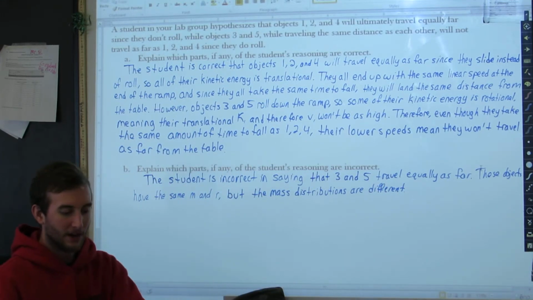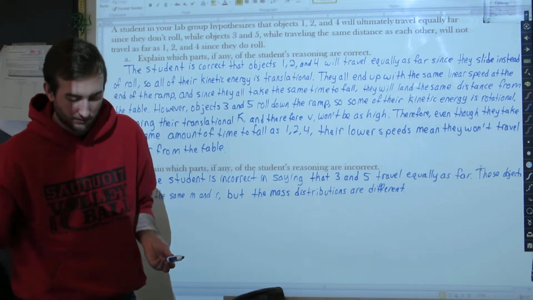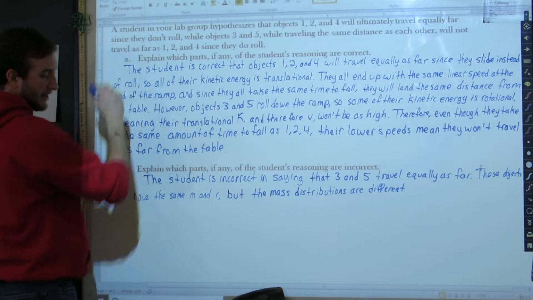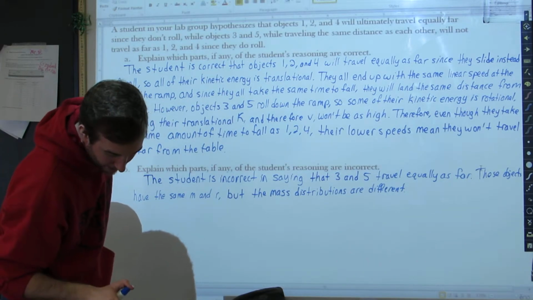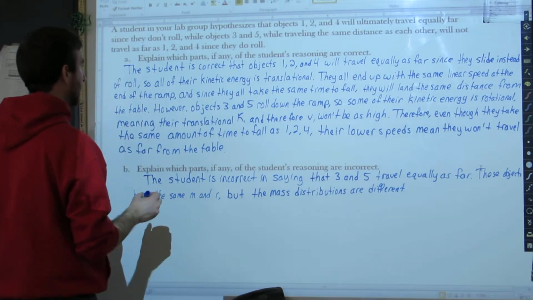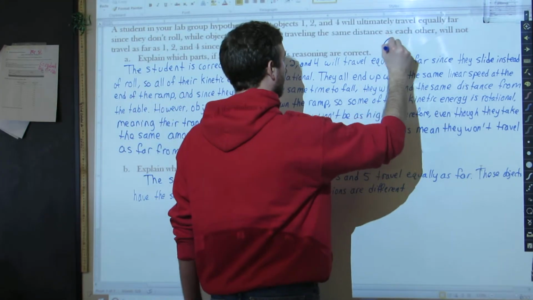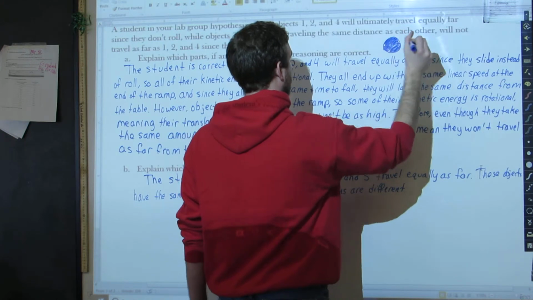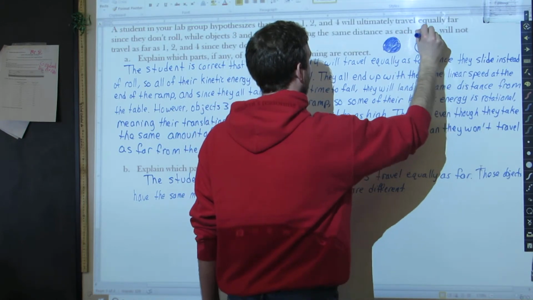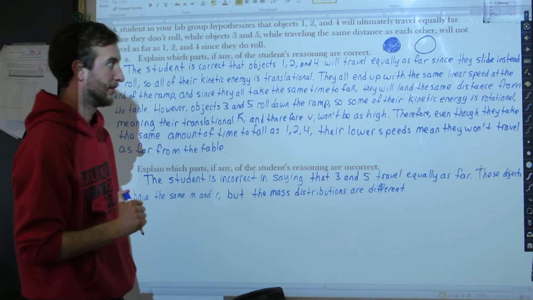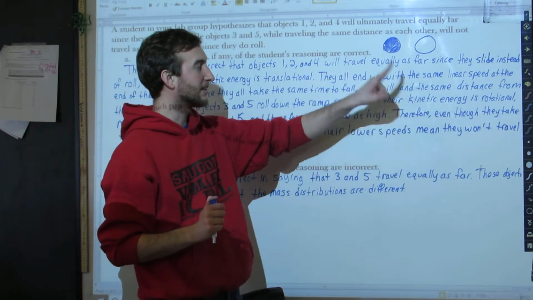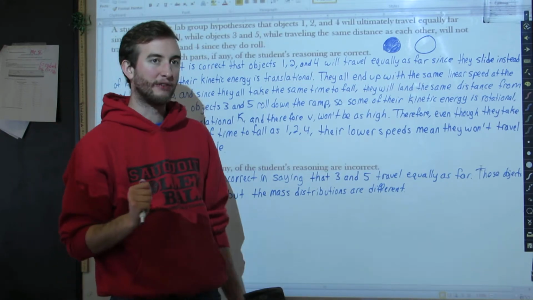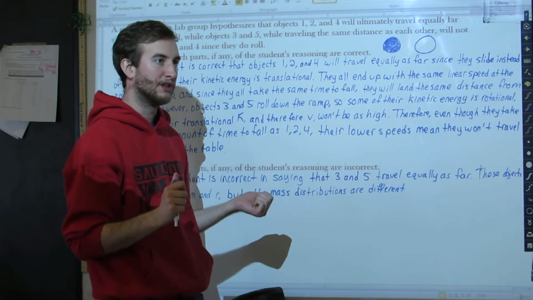Why does this matter? Consider a ball, essentially a sphere, where we're talking about 3 and 5 here, right? A ball, and it doesn't say anything about a hollow ball, it just says a solid ball, okay? And we have a cylinder, a hollow cylinder, okay? They have the same mass, they have the same radius. Which object has, on average, the mass being closer to the axis of rotation?